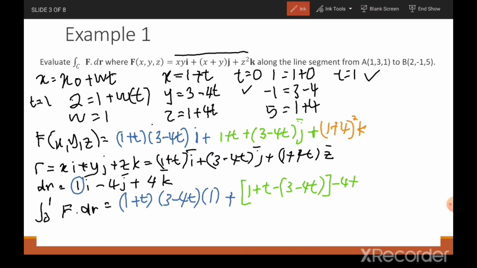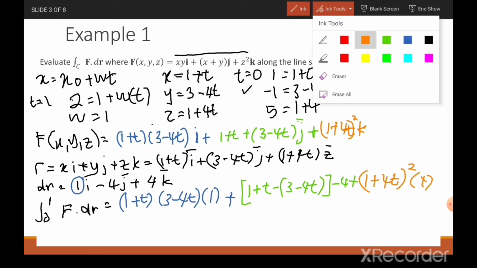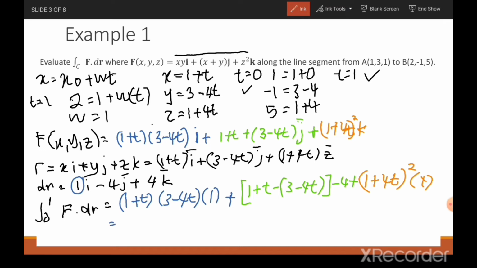Then lastly for vector k. So vector k is 1 plus 4t, power of 2, times with 4. Then you calculate. I think all students can do this. Just calculate, then include the interval.